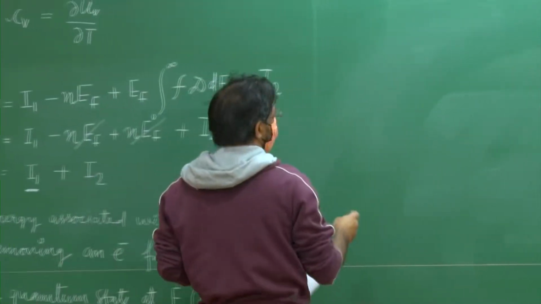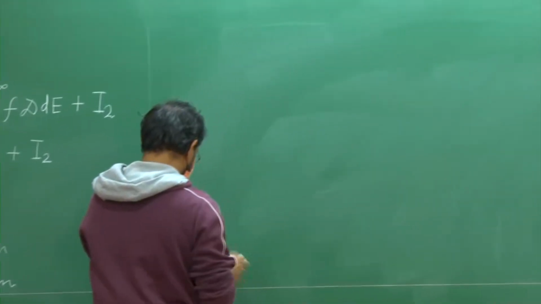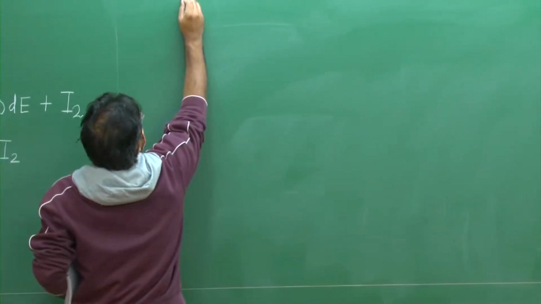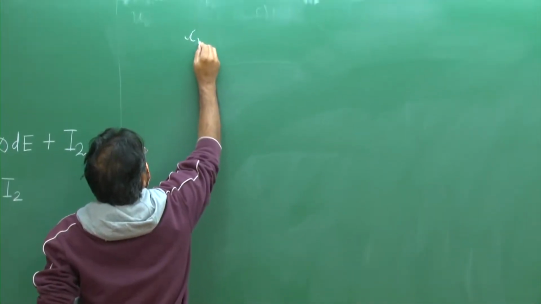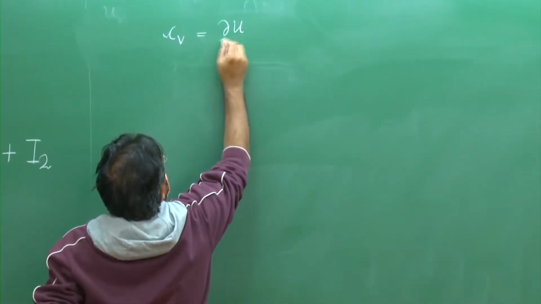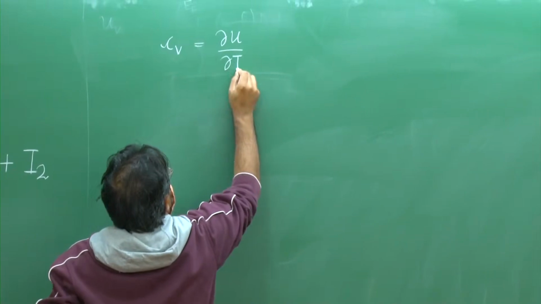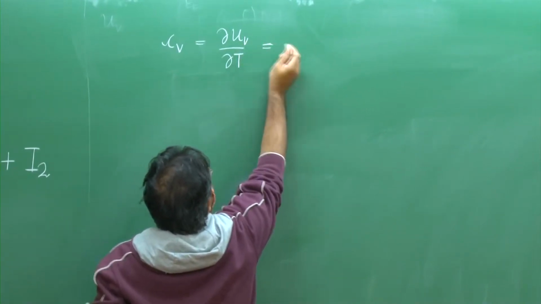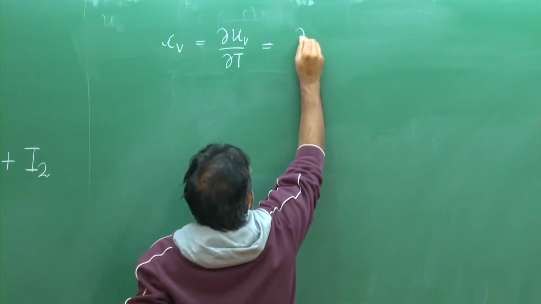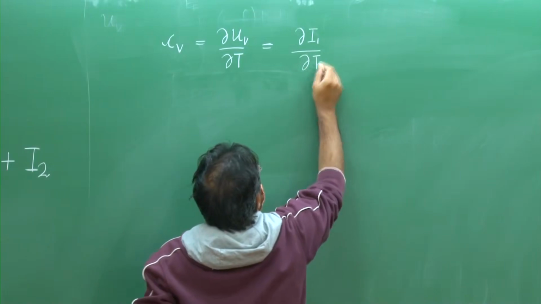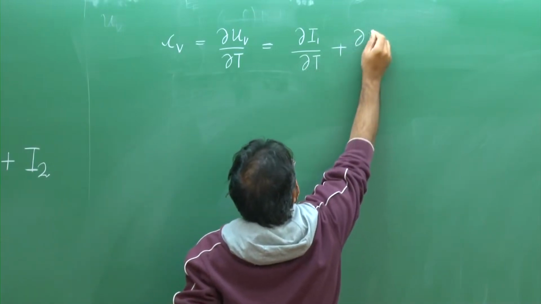So let me leave it to you. So then CV would simply be del U del T, and this will be then del I1 by del T plus del I2 by del T.